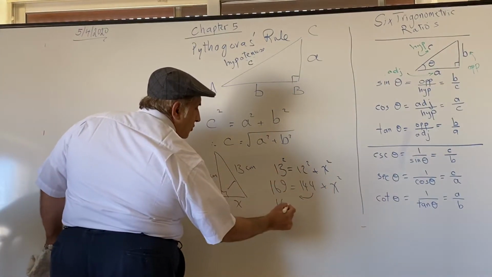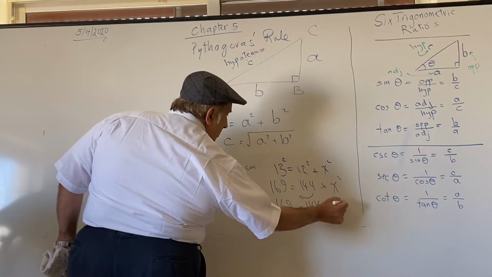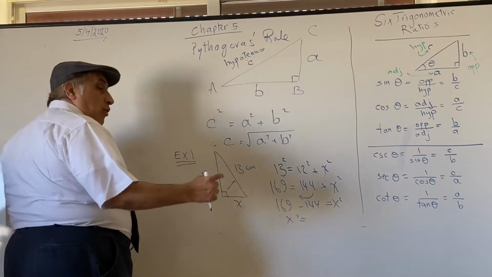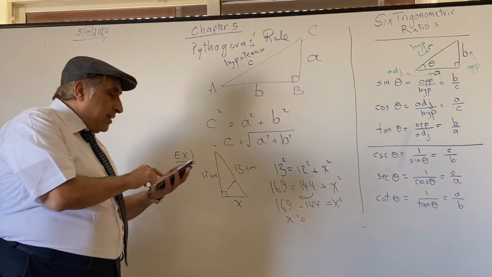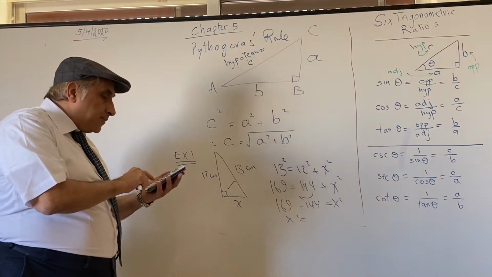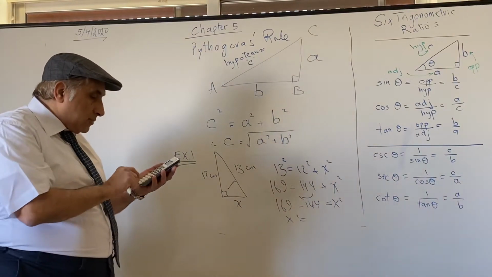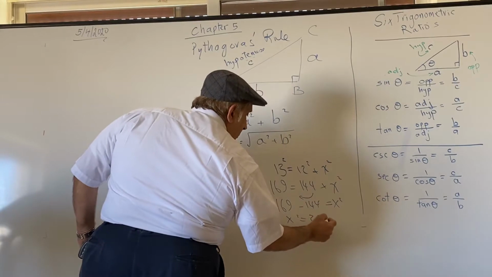It's going to be what? 169 minus 144 equals X squared. And X squared equals what? We hold the calculator and we subtract 169 minus 144. 25.